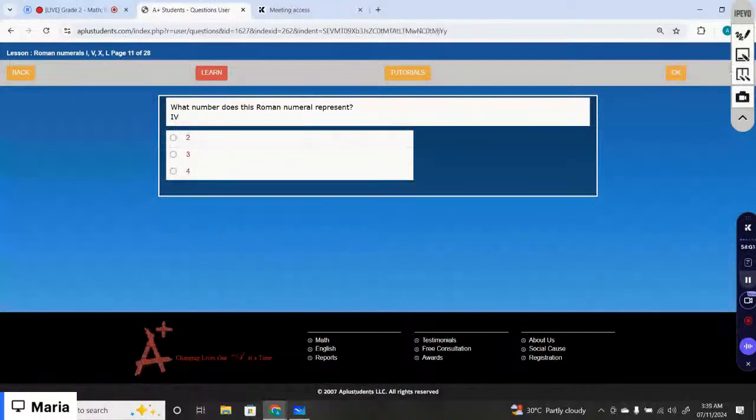Which is the correct option? That is 4. Option number 3 is the correct option, right?